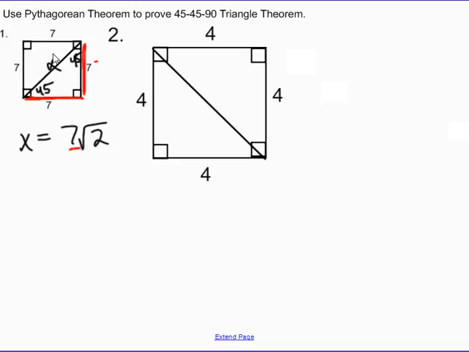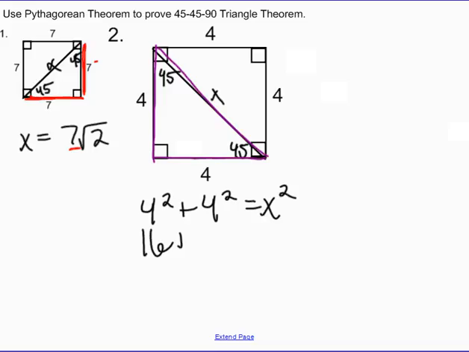Now if I do this with number 2, notice it's a square cut in half, so that means that these angles are 45 degrees, so we have another 45, 45, 90 triangle right here. Where I have 2 legs that are the same, they're both 4. Now if I do Pythagorean theorem to figure out that length, I do 4 squared plus 4 squared equals x squared.